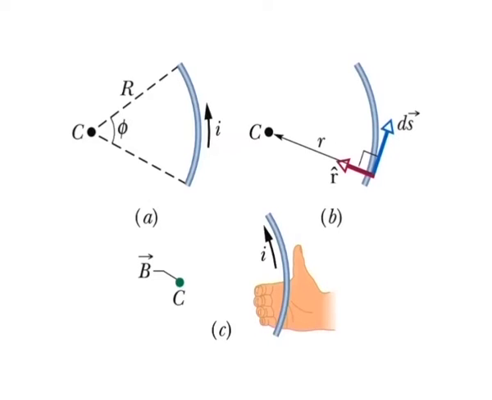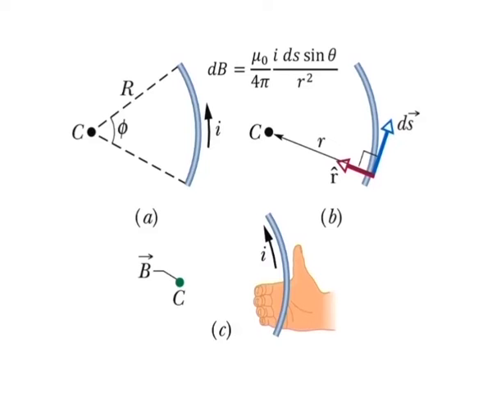Figure A shows such an arc-shaped wire with central angle phi, radius R, and center C carrying current I. At C, each current length element I ds of the wire produces a magnetic field of magnitude dB given by equation A. Moreover, as figure B shows, no matter where the element is located on the wire, the angle theta between the current length element vector and the unit vector is 90 degrees.